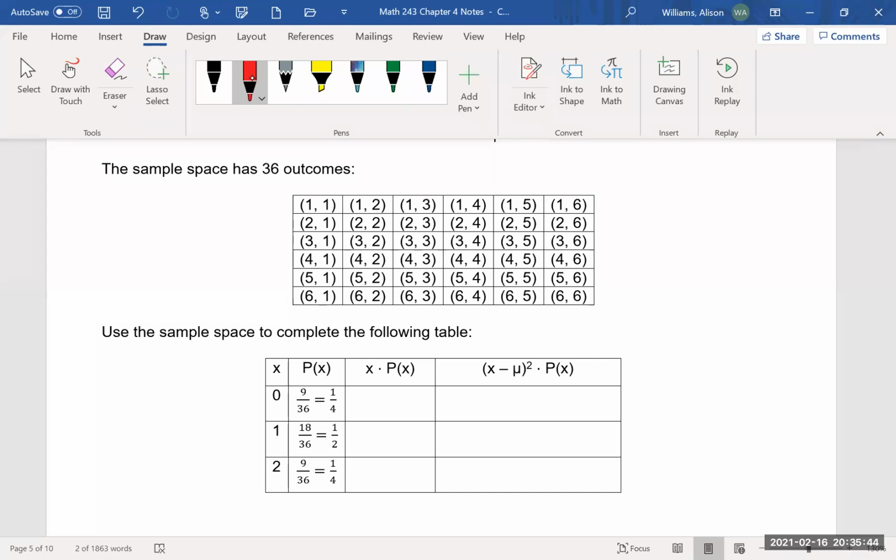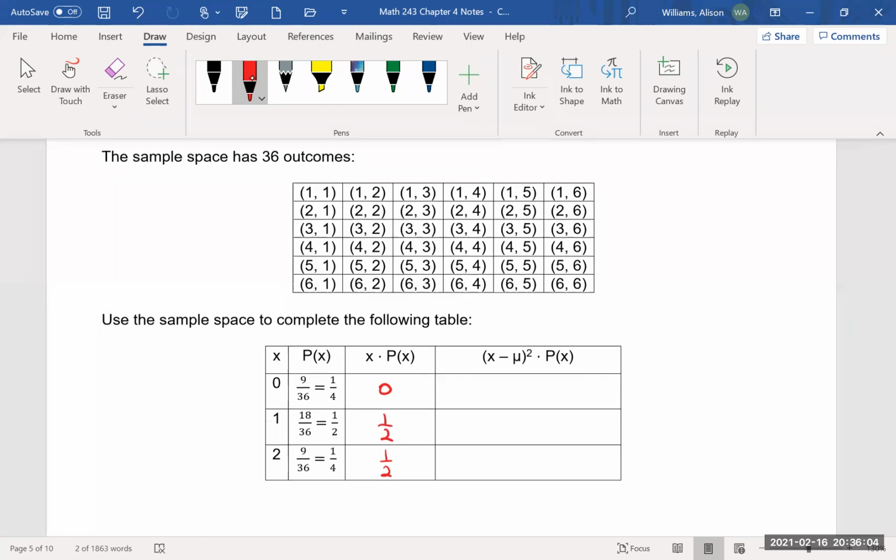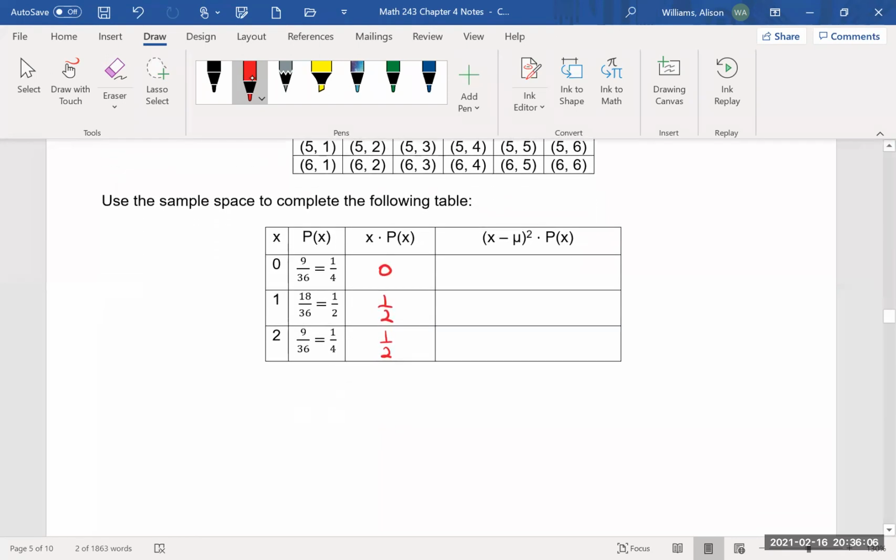Okay, so we're going to use that to help us calculate the mean and the standard deviation. So let's get to multiplying. So 0 times 1/4 is 0. I got to love that one. 1 times 1/2 is 1/2. And 2 times 1/4 is 1/2 also, because it's 2/4, which is 1/2. All right, so adding that together, that's going to give me a total of 1.